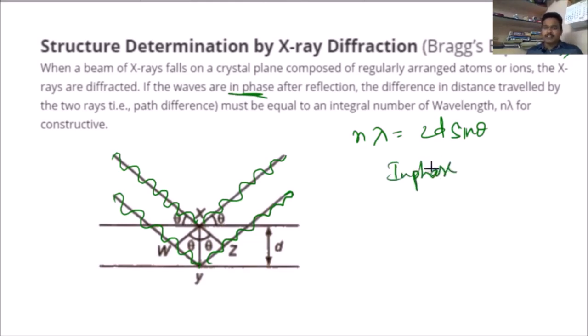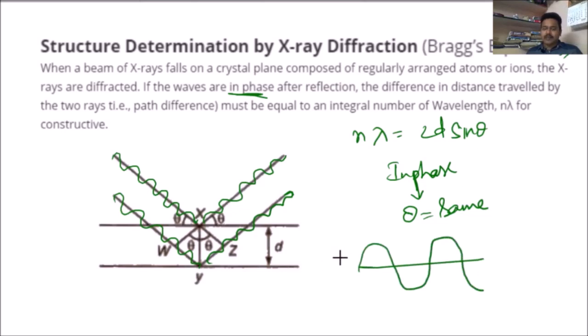In phase means the two waves maintain the same angle, the incident angle θ is the same for the two waves. Otherwise, when any two waves have similar points, you can say they are in phase. Generally, in phase means the angle of incidence and the angle of the wave traveling are the same.